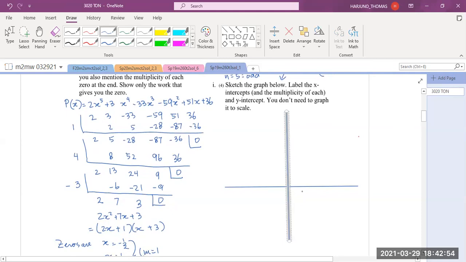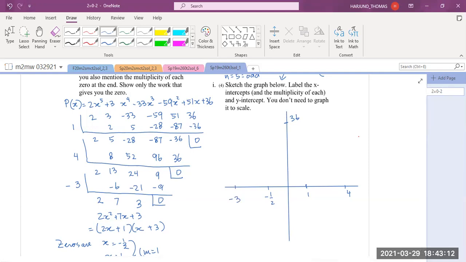X-intercepts are 1, 0; 4, 0; y-intercept 0, 36; and the other x-intercepts negative 1/2, 0; and negative 3, 0 with multiplicity of 2. Let me put it on the top. So the far end behavior is bottom to top.